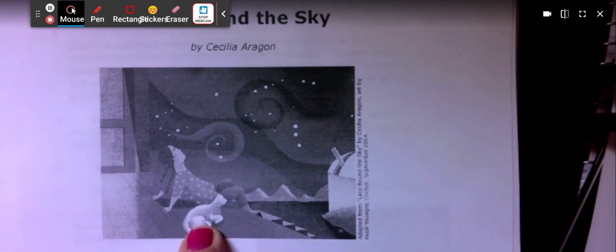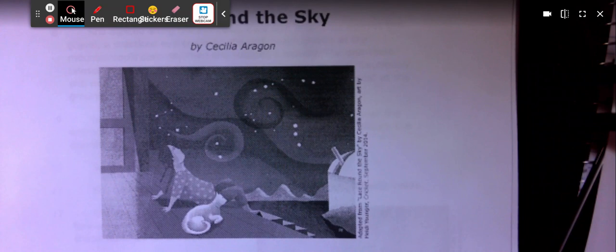Anytime you have images, you want to take a moment and look at them because they're going to be important. It takes a lot of money for people who write tests to create the images that go in here or get them copyrighted. So what I see is what looks like a girl, someone who has braids, leaning back and kind of looking out into what looks like stars and space.